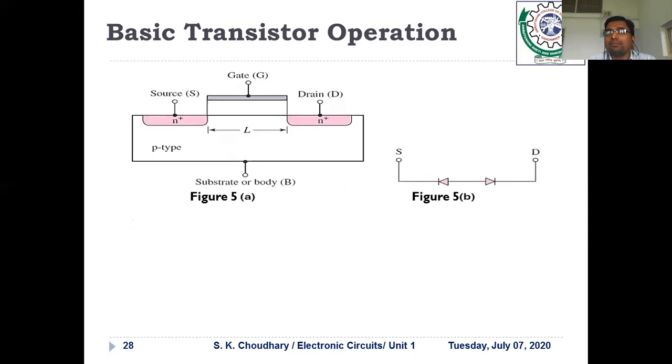Here we can see only the P-type substrate, the N-type source and drain areas, the terminals and the gate, and in between, this is your SiO2 oxide layer. And this is the length of the channel. We can't show the width because it is a cross-sectional view.